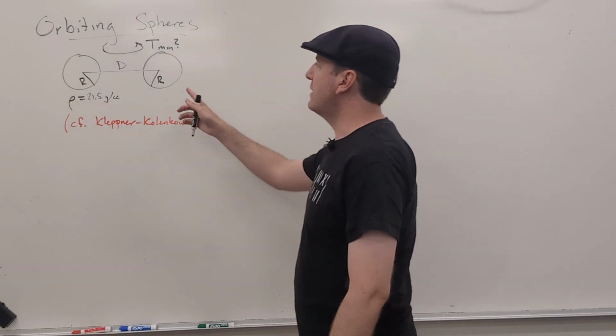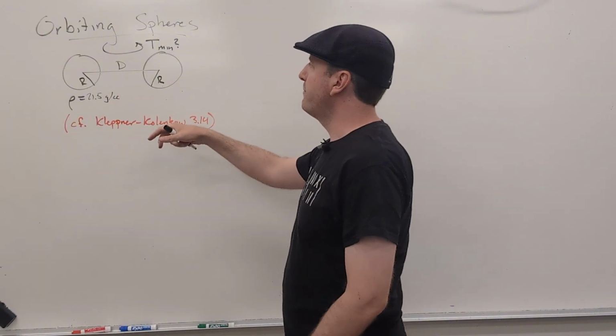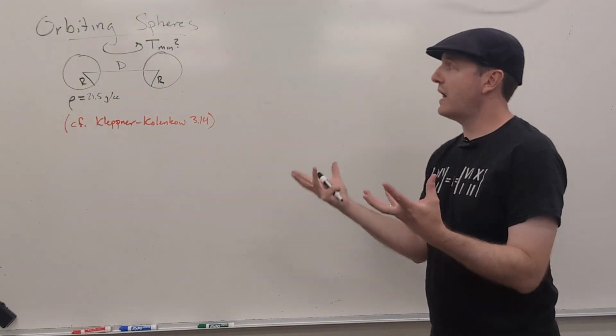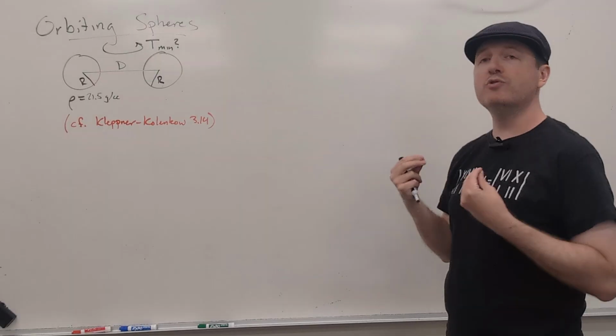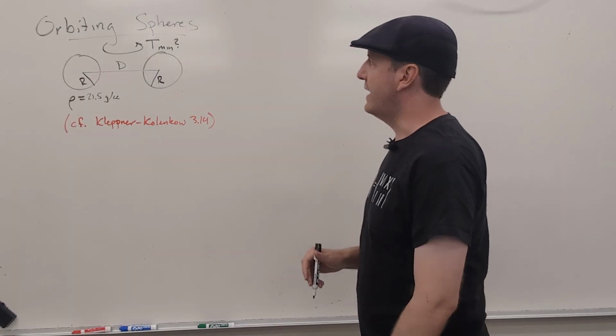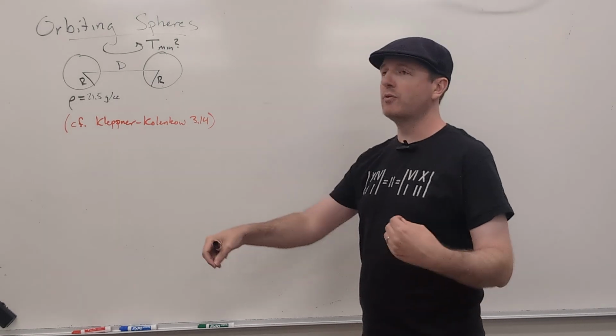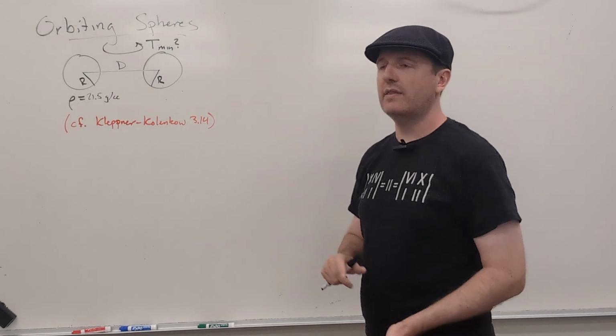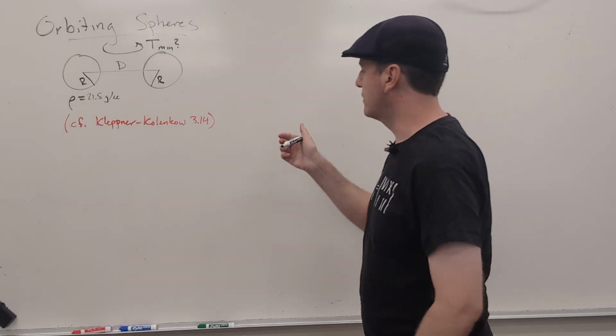And we know that because these two spheres are interacting only via gravity, I can basically replace them as 2 point masses that are co-orbiting their center of mass. And since they're identical, they're both going to be moving on circular orbits that have a radius of d over 2.